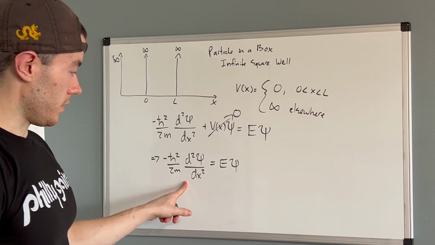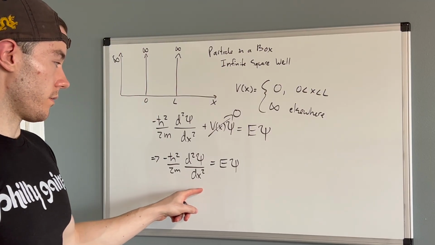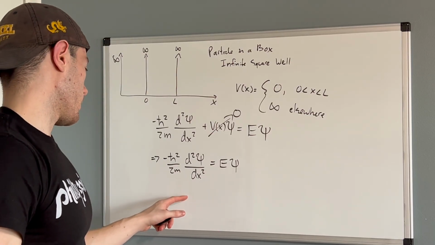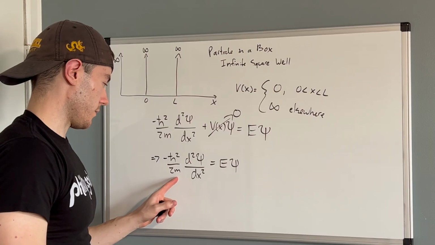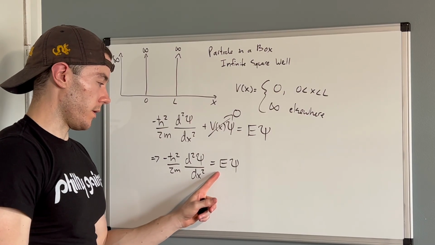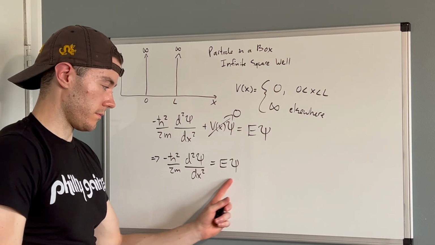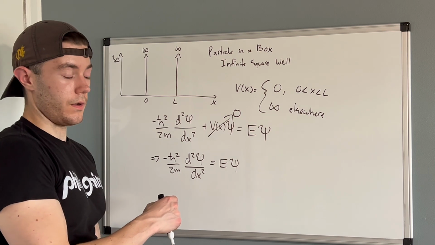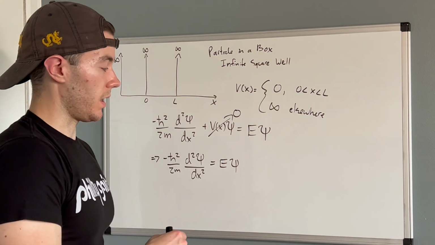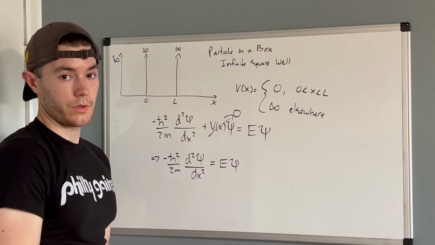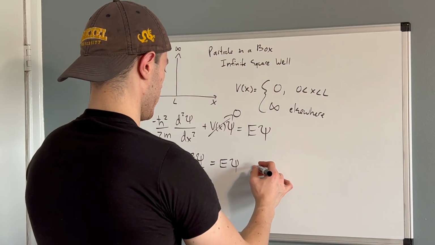This is a second order differential equation. You could do a change of variables to get rid of this mess out front, but this is a classic differential equation, and the solutions are sinusoidal, either sine or cosine in general, a combination of sines and cosines.